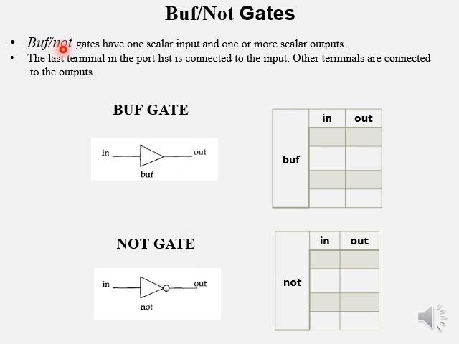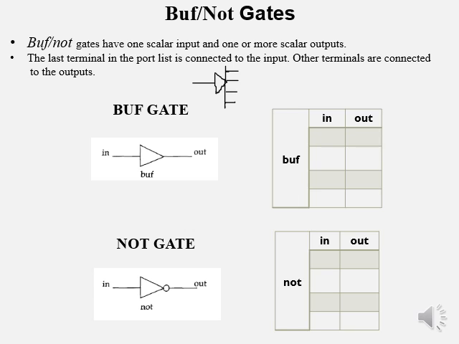So what I mean by saying buff not gates have one scalar input and one or more scalar outputs is that a buffer with one input can have multiple outputs, and these multiple outputs from the same buffer could be driving different signals.